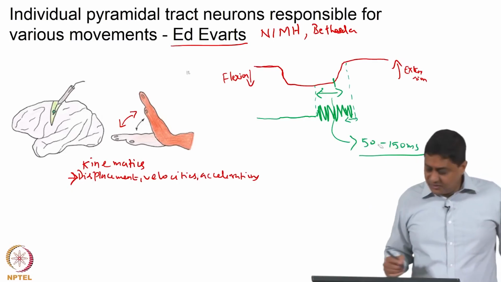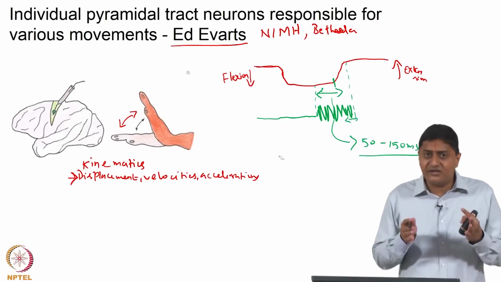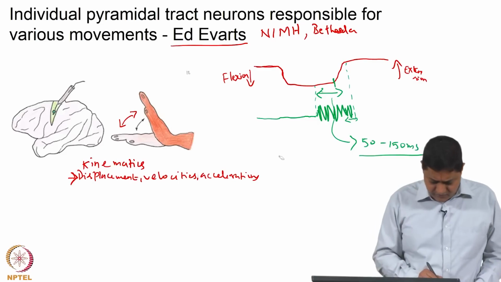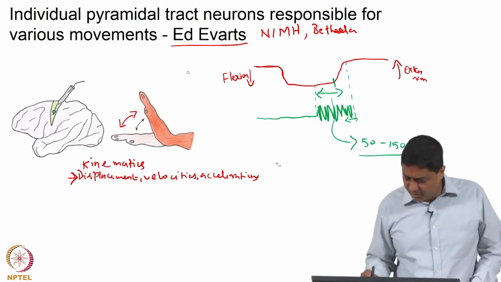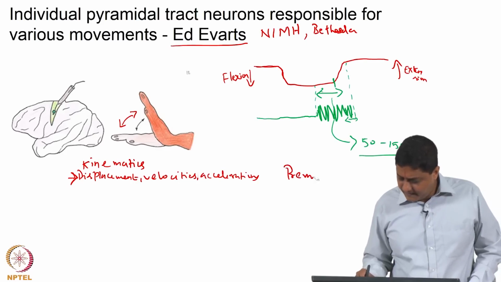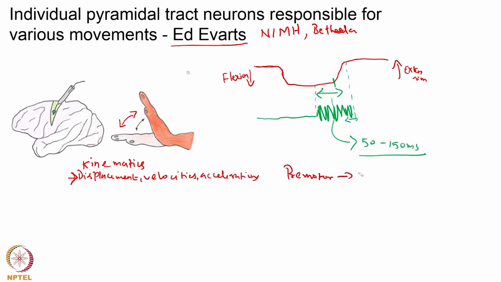Okay. So, it turns out that what is generally known is that the premotor area in general encodes context, as one would expect, and the primary motor area, or M1, encodes the mechanics.